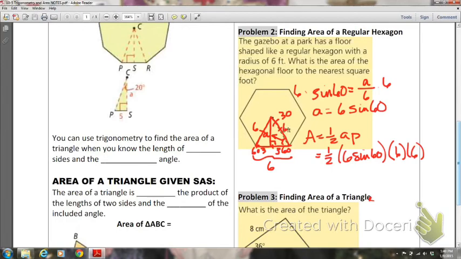So perimeter is your number of sides times your length of a side, 6 times 6. And that should give you approximately 94 feet squared.